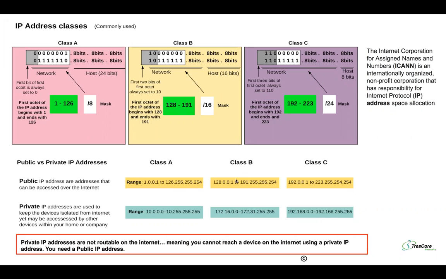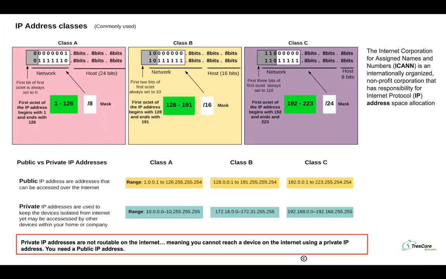They broke it into multiple classes, okay? And even with that, they immediately found out that they were running out of ranges, because each company may have thousands of devices within the company, like printers and multiple other devices that don't even need to go out and talk to the internet, right?